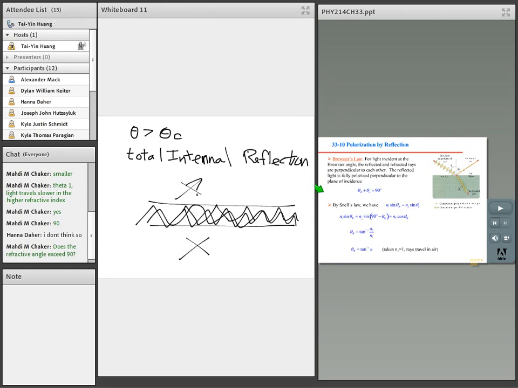So information can be propagated through this channel without escaping into a different material. Just by looking at this picture, we know that the index of refraction of the guiding channel has to be greater than its surroundings, so that total internal reflection can occur. Any questions?